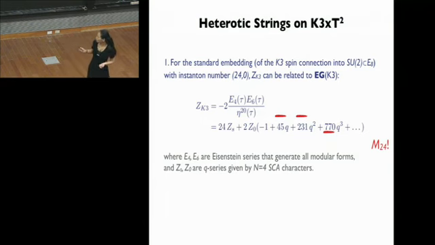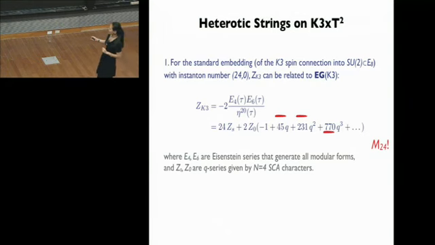So after some rewriting, you can get this answer given by the Dedekind eta function I just wrote in the previous slide, as well as E4 and E6, which are just the Eisenstein series that generate the ring of modular forms. And you can rewrite it in this way from the relation to the elliptic genus.